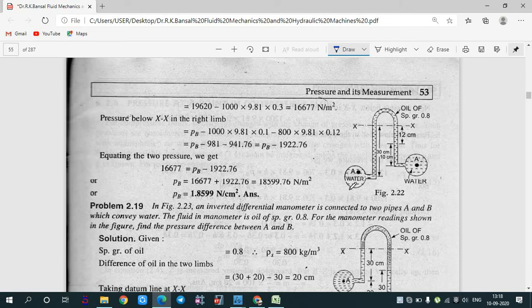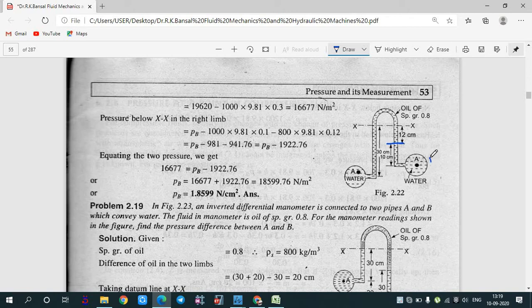So here we have drawn the diagram. As you can see, there is a pipe and an inverted U-tube manometer is connected. The liquid in the first pipe is your water. Till here it is water, and then after the datum line, till this 12 centimeter, it is oil, okay.